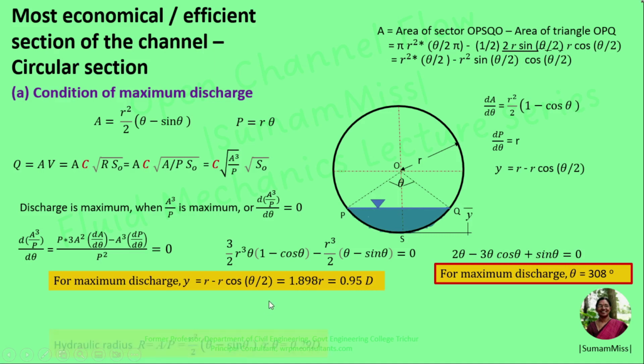The hydraulic radius R is equal to A by P, A equal to r square by 2 into theta minus sin theta, and P equal to r theta. If you substitute the value of theta equal to 308 degree, then hydraulic radius R equals 0.29 d. So for a circular channel, the most economical or efficient section for the condition of maximum discharge is theta equal to 308 degree or y equal to 0.95 d.